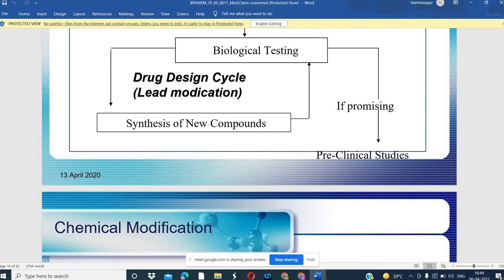So we identify the lead molecule, then we can modify it. If we do any modification in the natural molecule, then we call that a semi-synthetic drug. After the processing of the natural molecule, these are produced.